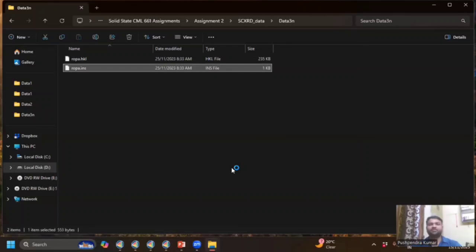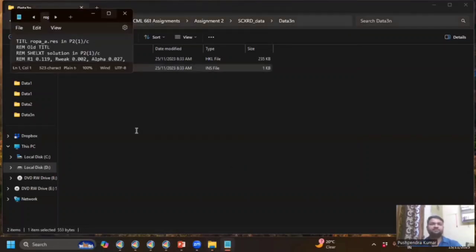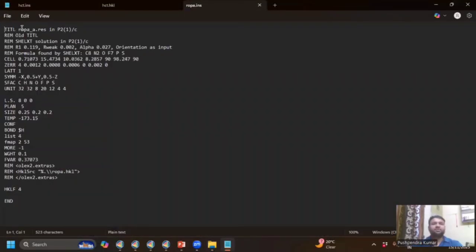As we can see here, this is the title of the compound, and these are the cell parameters. The first, second, and third that I have marked are the lattice parameters, the A, B, C unit cell lengths of the compounds, and these three are the alpha, beta, gamma angles of the unit cell, and this is the wavelength used in the single crystal X-ray diffraction.